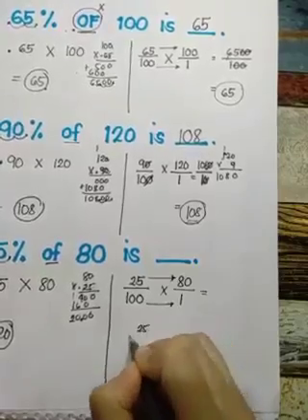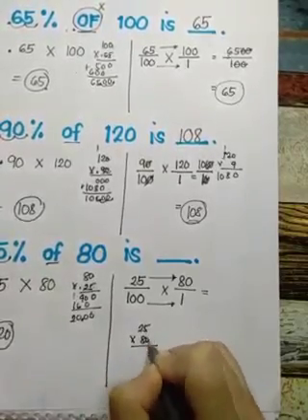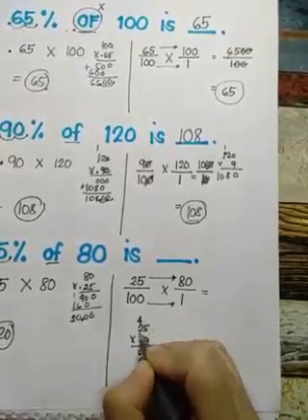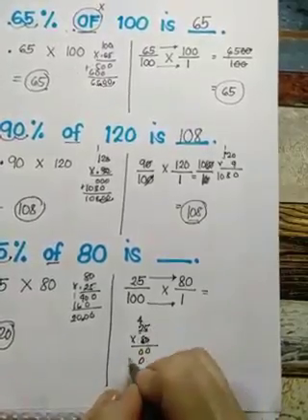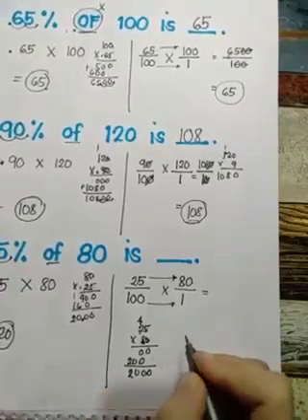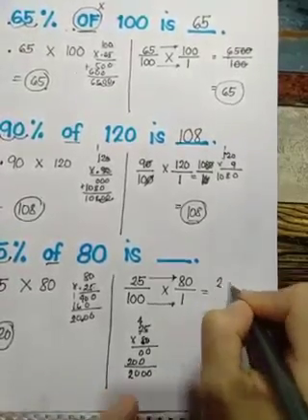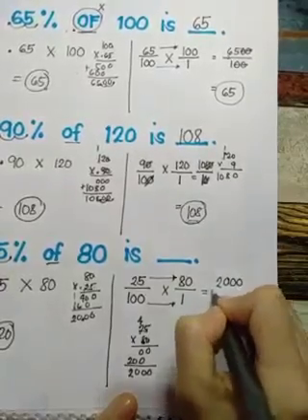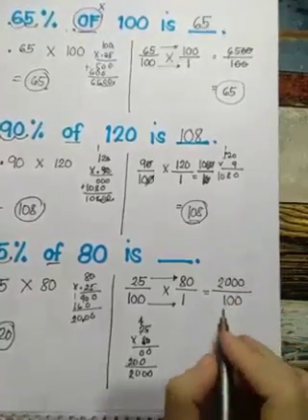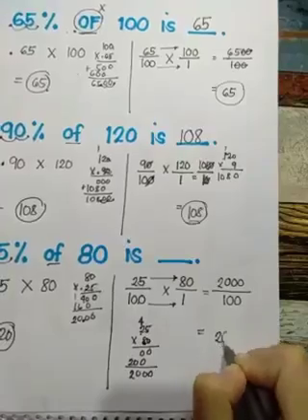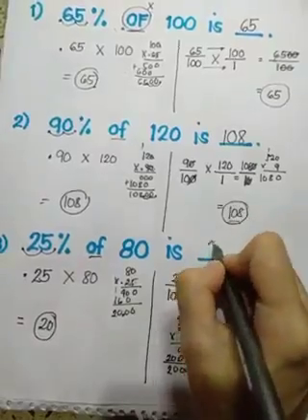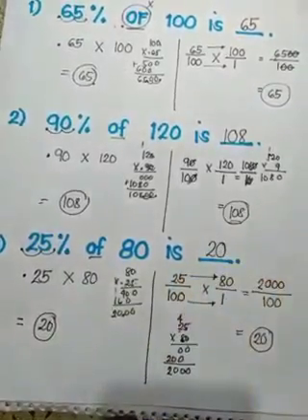What is 25 times 80? 8 times 5 is 40. 8 times 2 is 16, plus 4 is 20. So we write it down here, 2,000. Then 100 times 1 is 100. So 2,000 divided by 100 is 20. So the same answer. So 25% of 80 is 20.